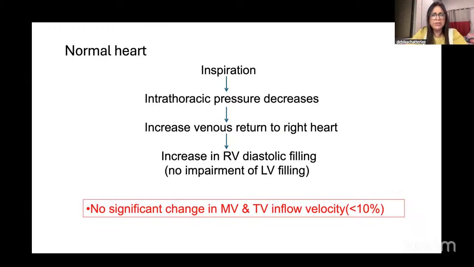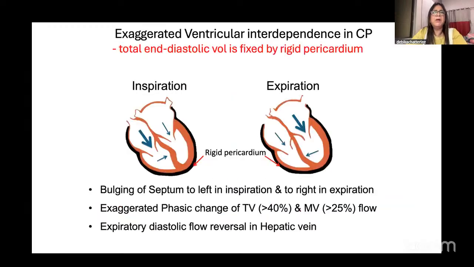But this interdependence becomes exaggerated in constrictive pericarditis because this thick, rigid pericardium has resulted in a fixed total end-diastolic volume. So during inspiration, when the right-sided filling is more, the septum bulges towards the left, and during expiration, as the mitral flow increases, the septum moves towards the right.